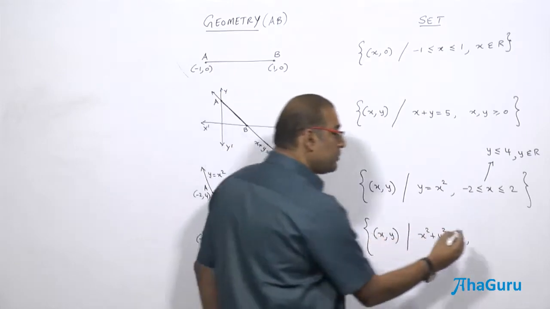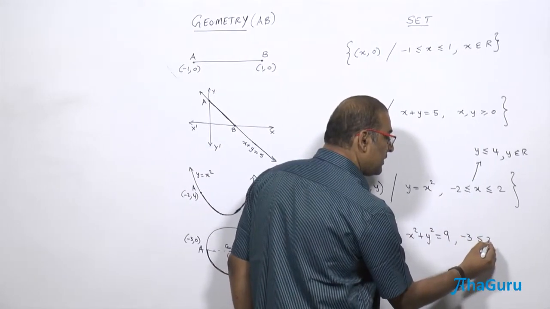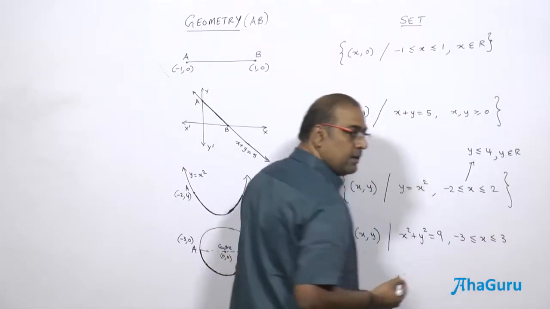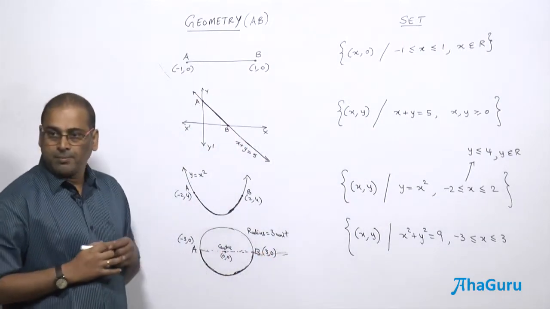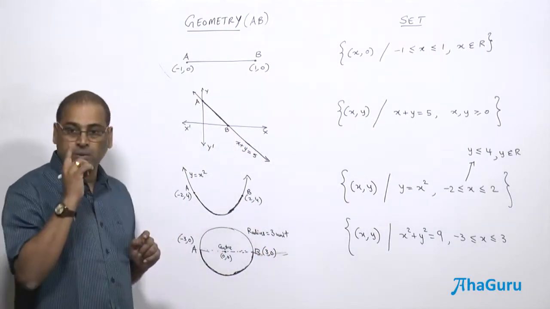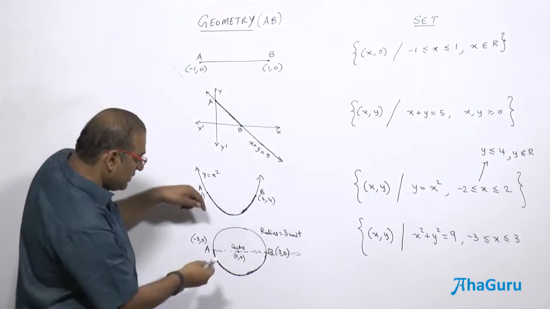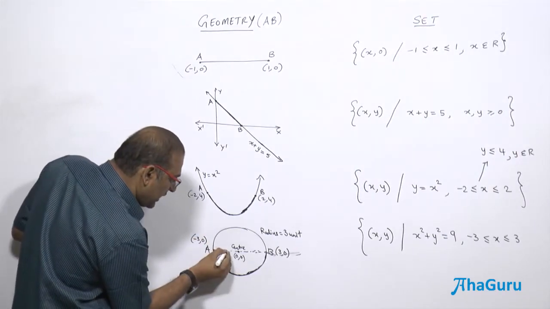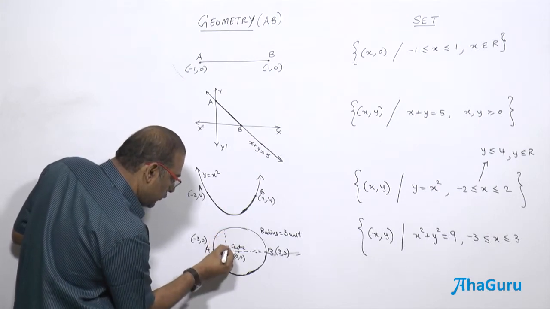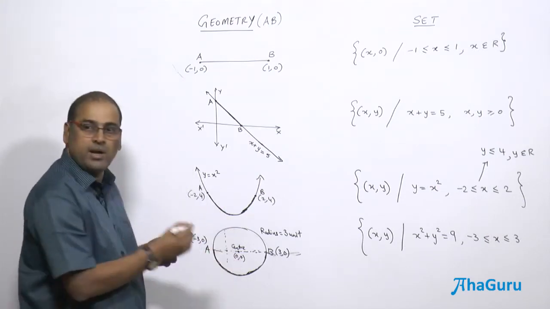If you use -3 ≤ x ≤ 3, there is a problem. What is the problem? You get not one y, you get two y's. Because for example, you have got an x here, that corresponds to two points, one up and one down.